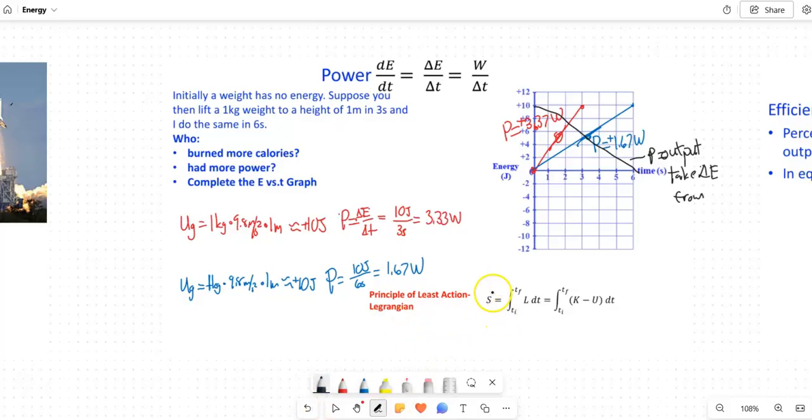So action is a Lagrangian function, which is the difference between your kinetic energy and your potential energy. This is important for later on, not in this class, but much later when you get into graduate studies.